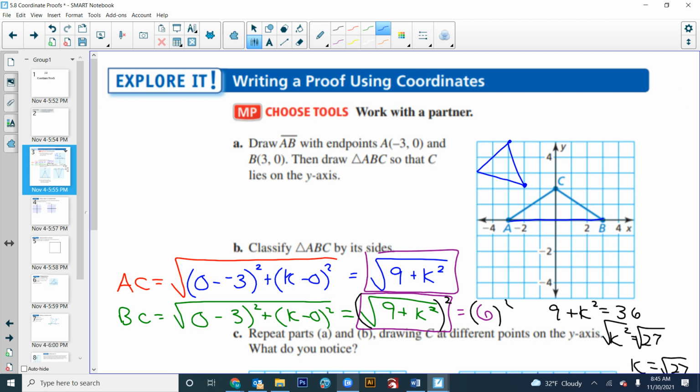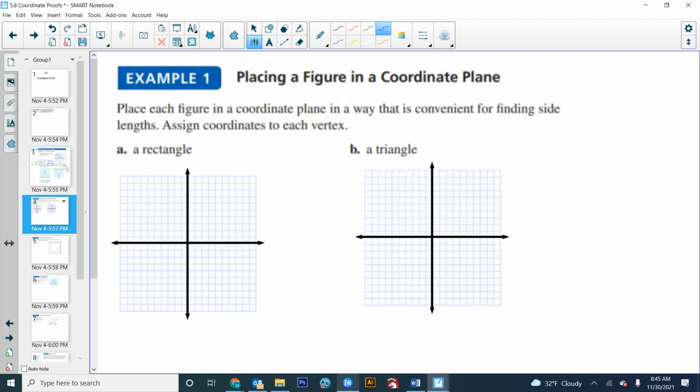So when we say place each figure in a coordinate plane in a way that is convenient, what does it mean by convenient? Like, let's say the rectangle. What would be a convenient way to place a rectangle on a graph? Putting it on the lines. Yeah, put it on the axis, right?